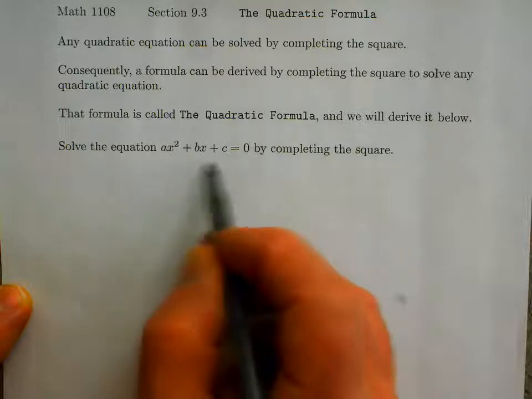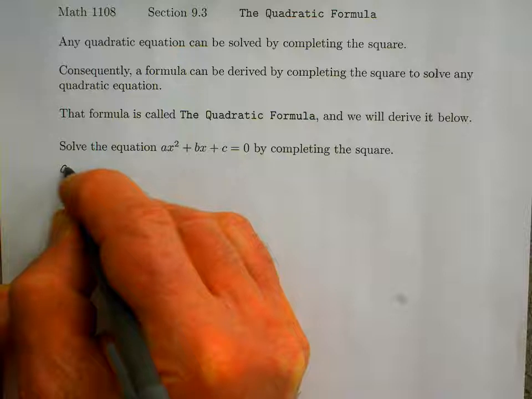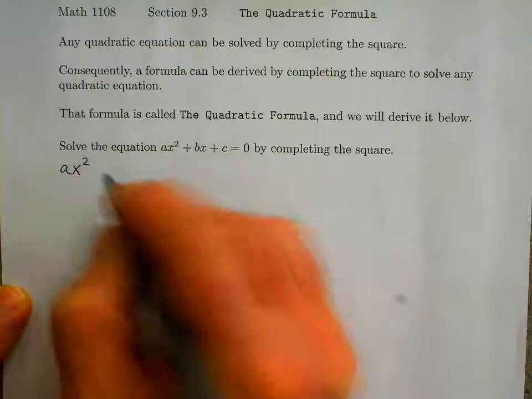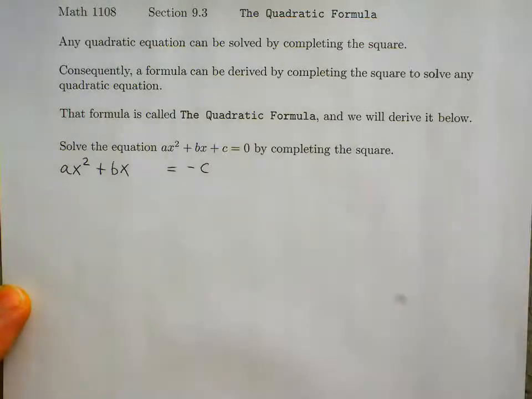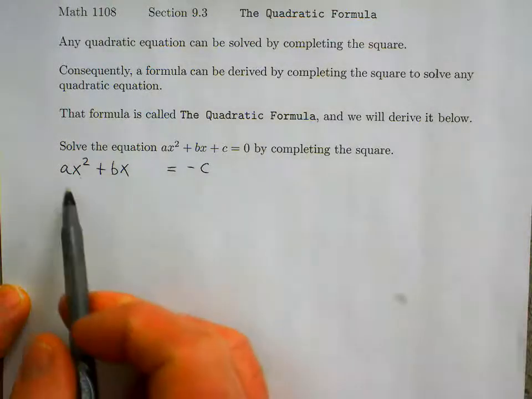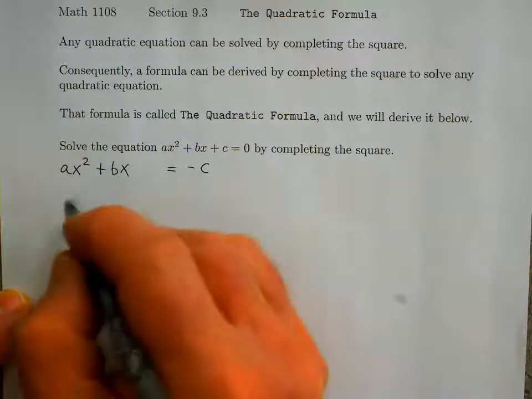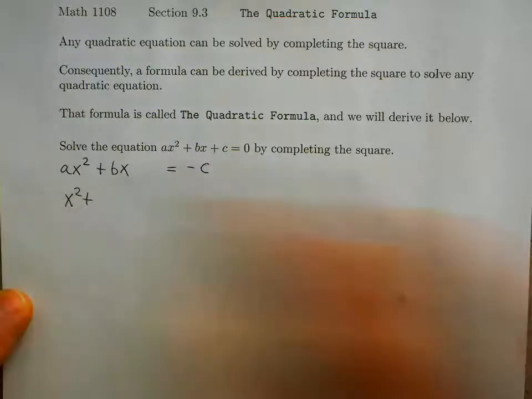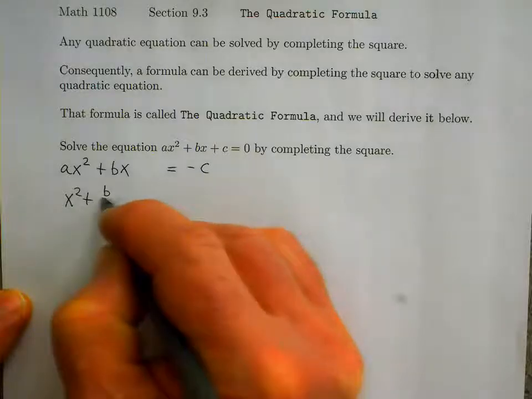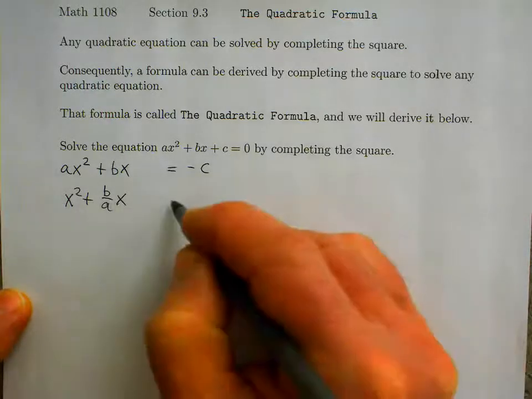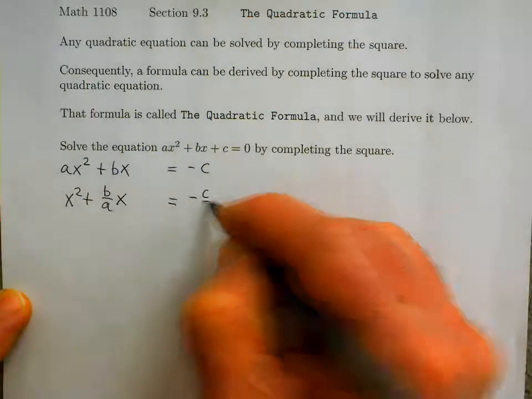We begin by subtracting c from both sides, and we get ax squared plus bx equals negative c. Then we divide every term on both sides by a. Ax squared divided by a is x squared. B times x divided by a, we'll write as b over a times x. And on the right-hand side, negative c divided by a.